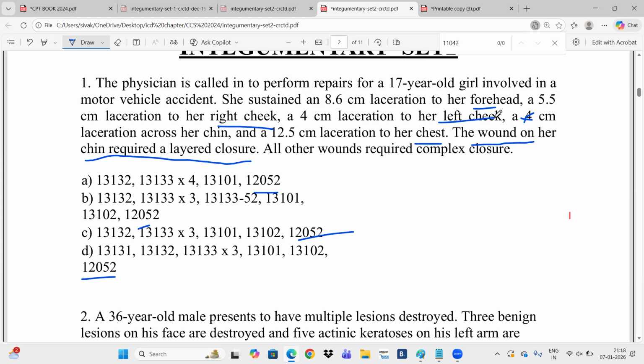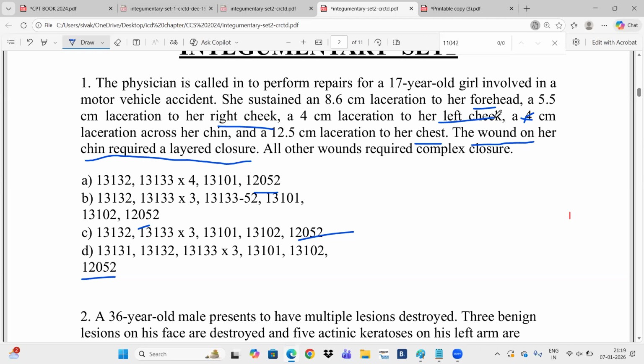Next, check whether all are the same anatomic group or different. Different anatomic groups, right?